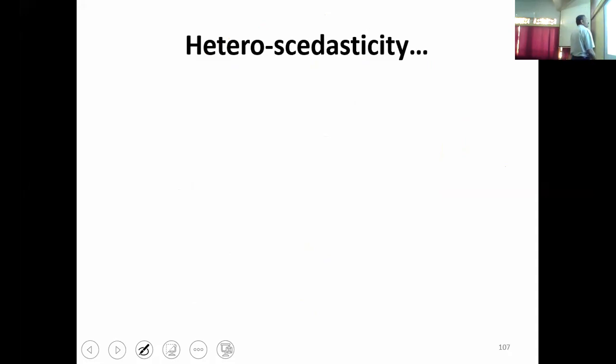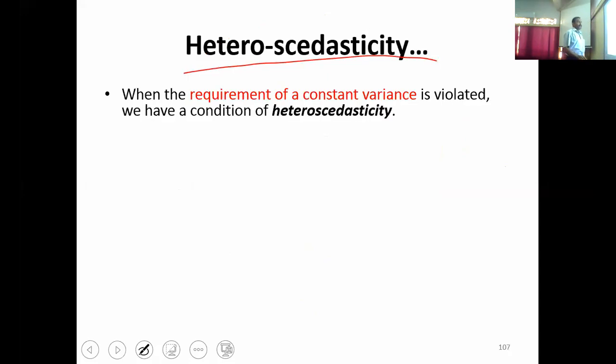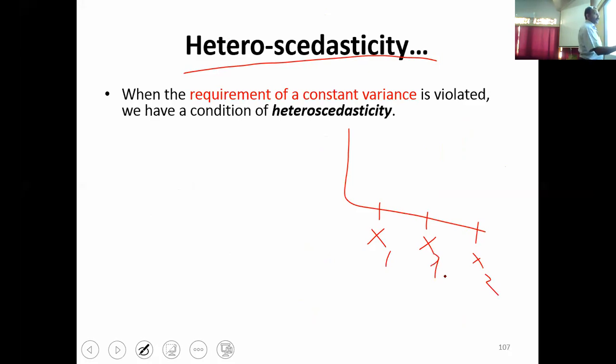Right. The next one is called heteroscedasticity. Heteroscedasticity means, can you remember? We discussed different variances at x1, x2, x3. You can draw it. So variance at different places.